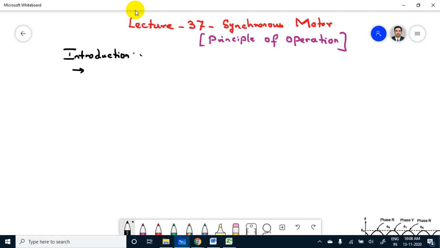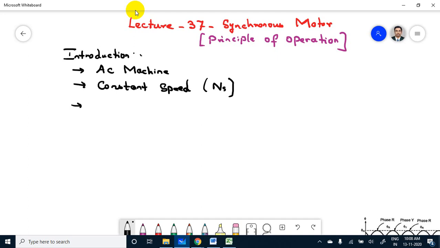The synchronous motor is nothing but an AC machine, and it will be running at a constant speed. Constant speed means synchronous speed. It will be running.